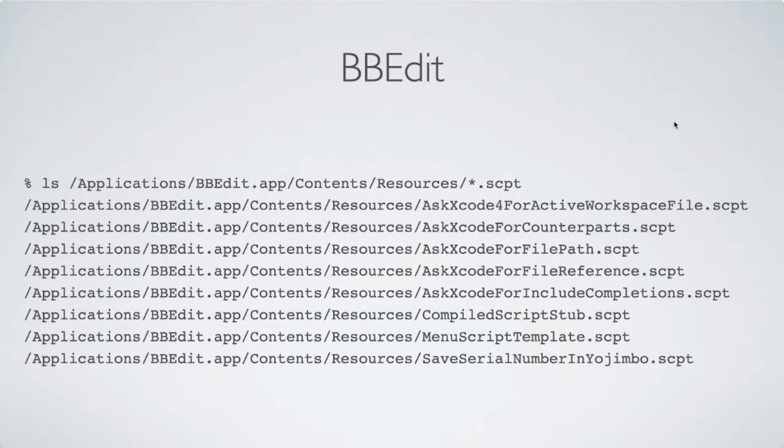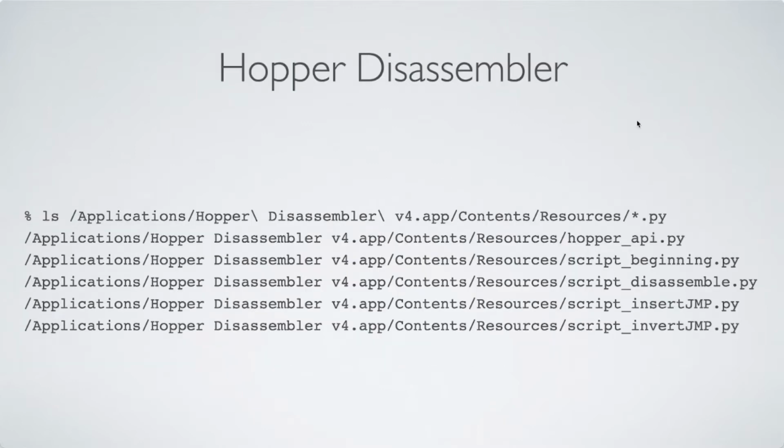It might not be that useful. Even Hopper Disassembler, a security tool, a debugger and disassembler, has Python scripts embedded inside of it, and those could potentially be abused somehow. It would be a little bit more difficult to get the root escalation from Python, but I'm sure that there's a way.